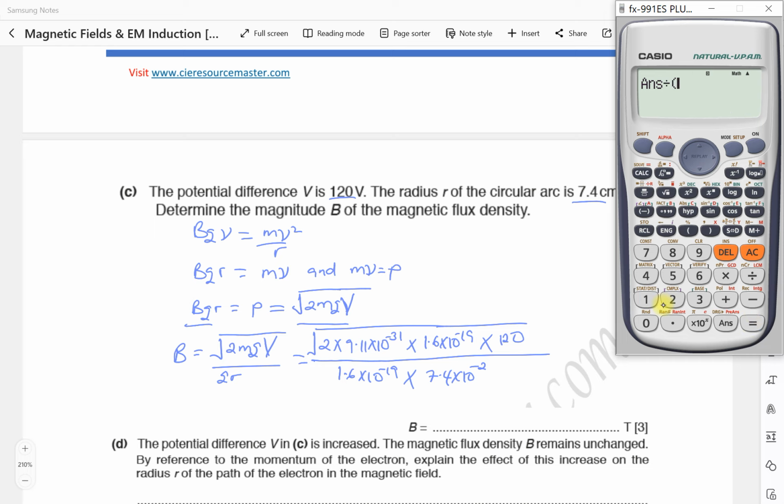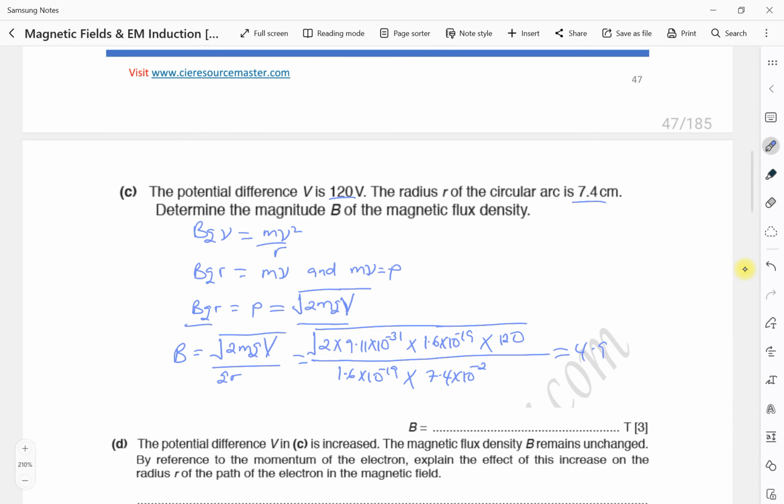I have to first find the square root of the answer, then divide by 1.6 exponent minus 19, divide by 7.4 exponent minus 2. So that is 4.995 times 10 to the power of minus 4 Teslas, which is actually 5.0 times 10 to the power of minus 4 Teslas.